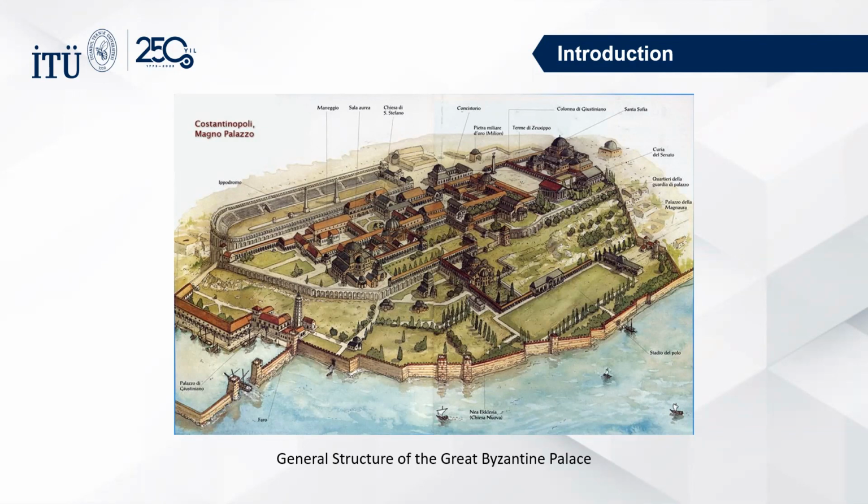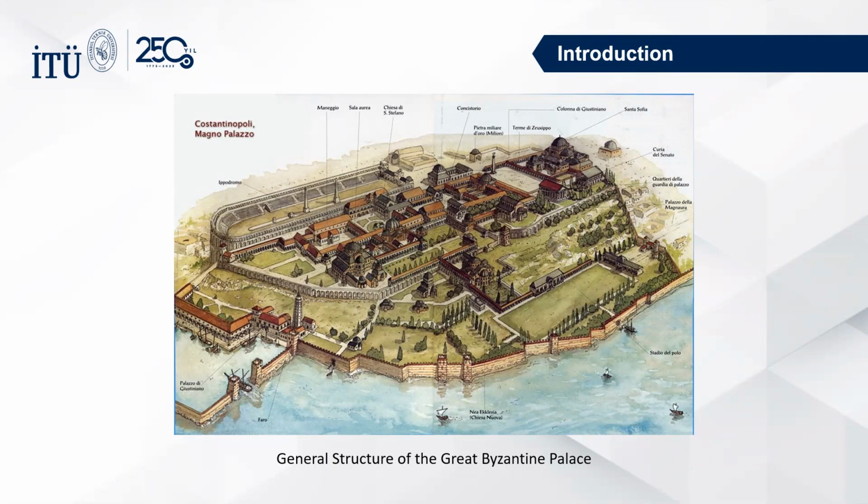So it consists of several different parts, each of which has different functionalities for the Great Byzantine Palace. Throughout the centuries, the palace underwent transformations reflecting the evolving tastes of Byzantine emperors, and it not only served as a political hub but also as a symbol of Byzantine cultural expression.